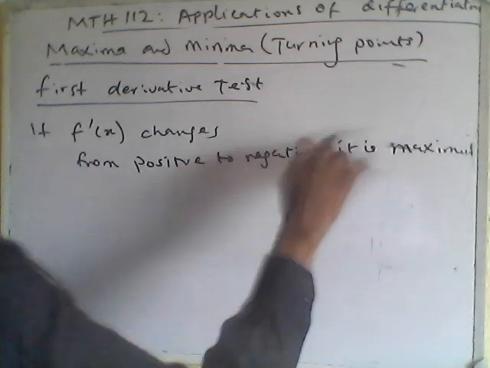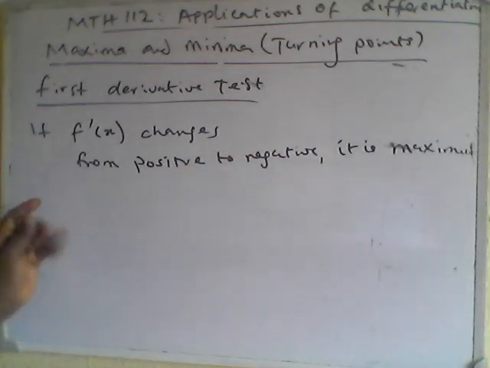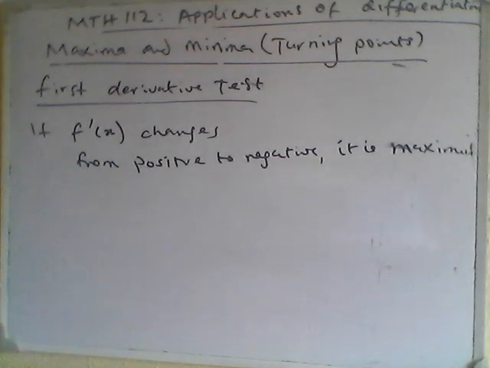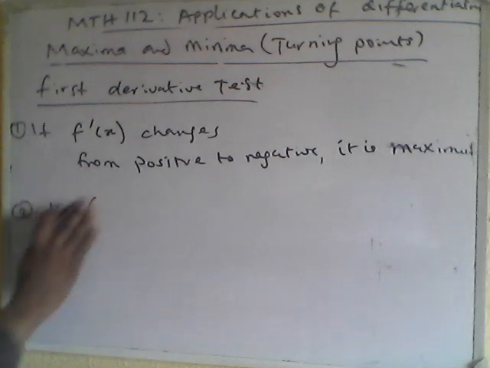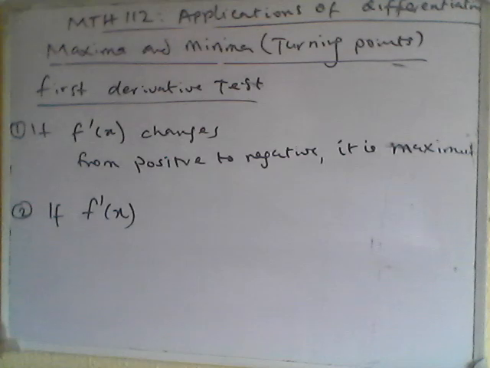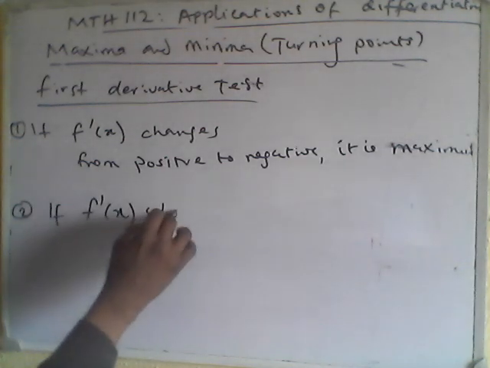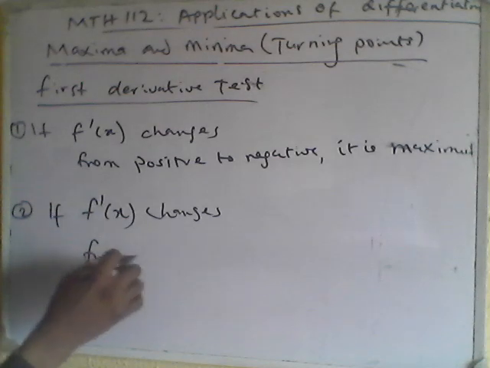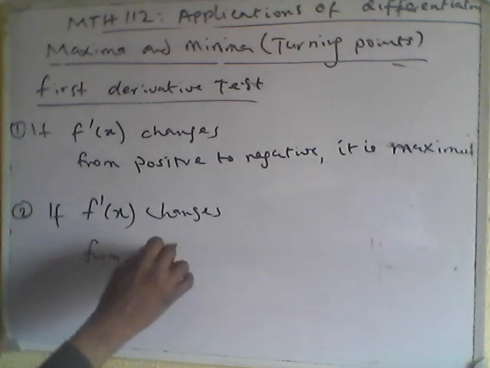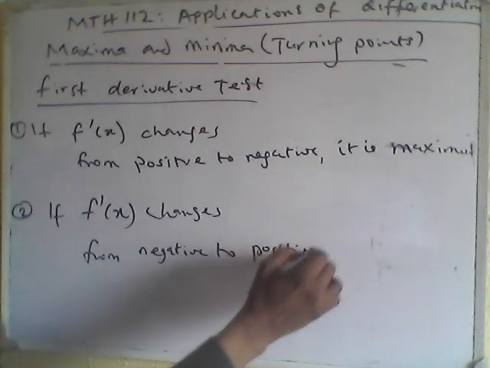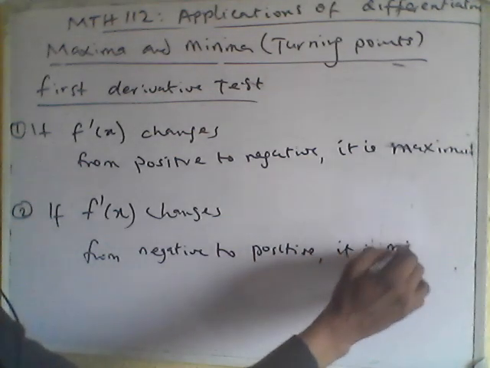I will do an example of this. So if the thing changes from positive to negative, it is maximum. That is for the first derivative test. Number one. Number two, if f prime of x changes from negative to positive, then it is minima.